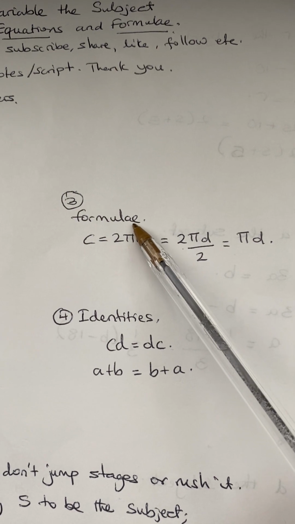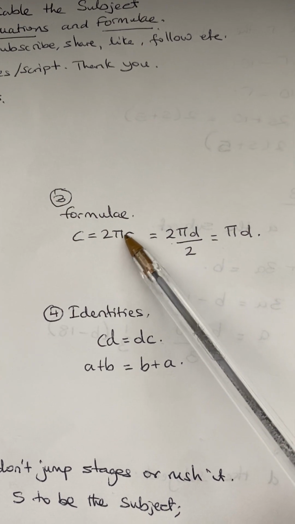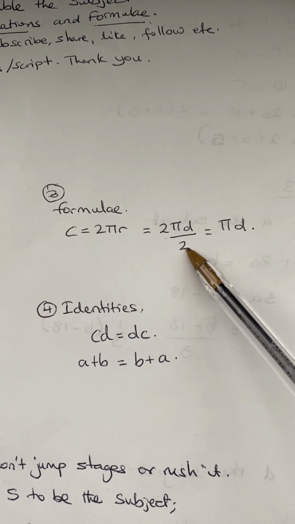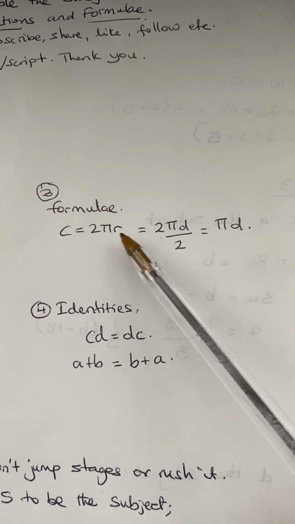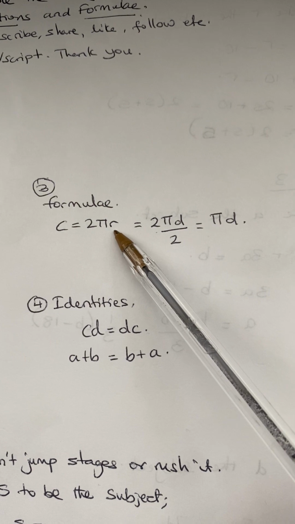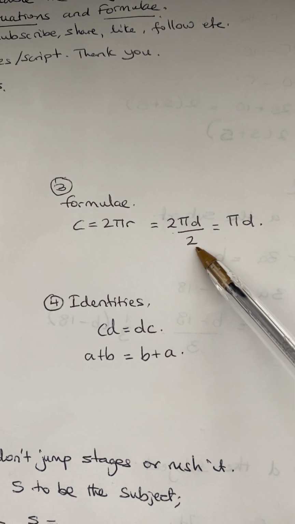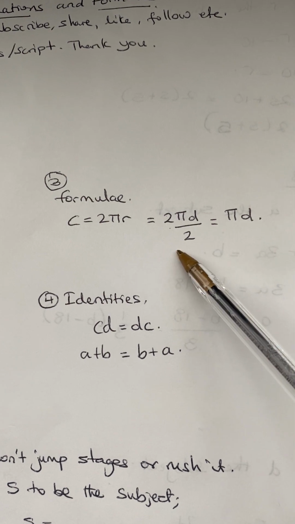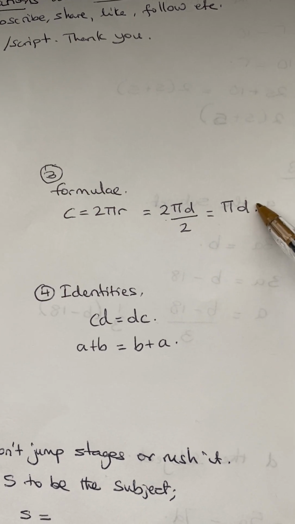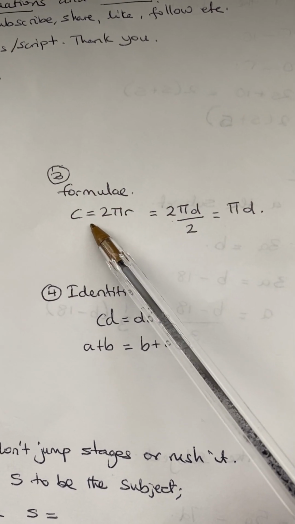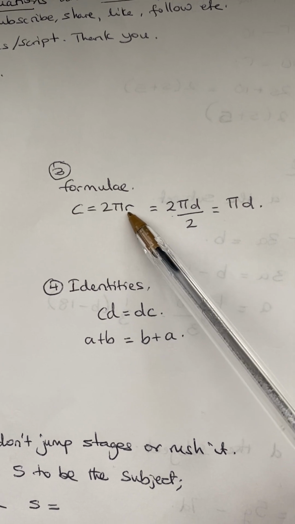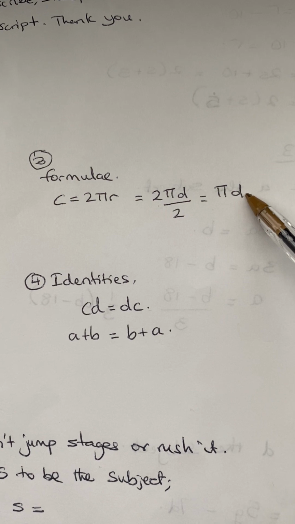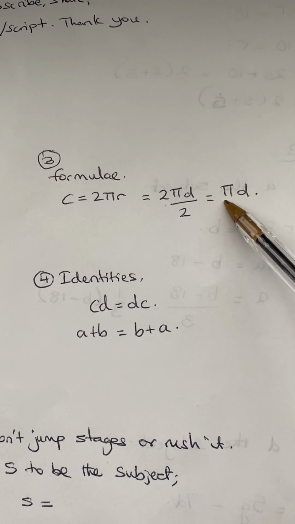So if you don't want to work with the radius, you can put d over 2 in place of r. Okay, so this is what I've done here, and then you take the 2 off, so you can have pi d. So you can write circumference equals 2 pi r, or pi d. Okay, pi is a constant.